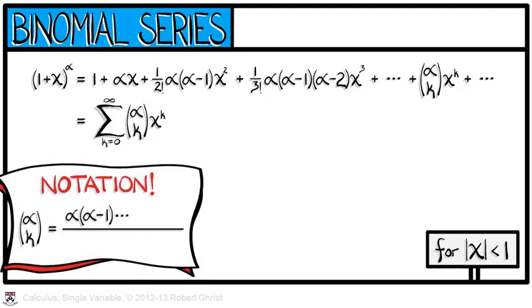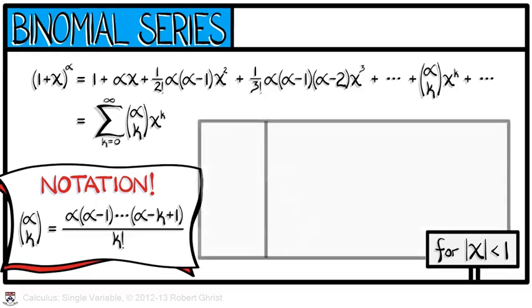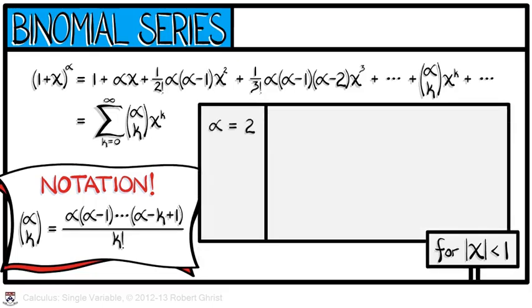This is the number alpha times alpha minus 1 times alpha minus 2 all the way down to alpha minus k plus 1. Take that product and divide by k factorial. For example, if alpha equals 2, then what does the binomial series give you? 1 plus alpha times x plus 1/2 alpha times alpha minus 1 times x squared.